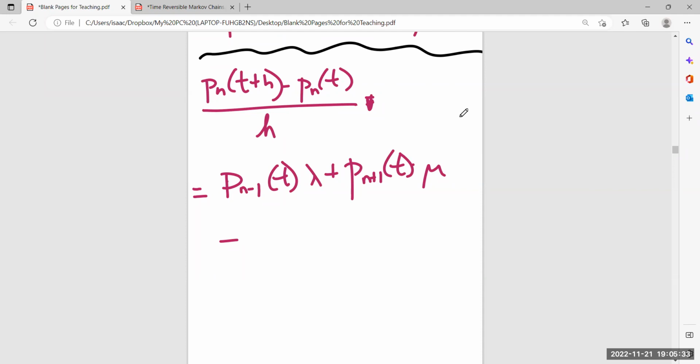It's like a derivative, but the probability that you get an event in h is almost zero, right? So this part here will disappear. It'll go to zero, and then you'll be left with this part on the right hand side.